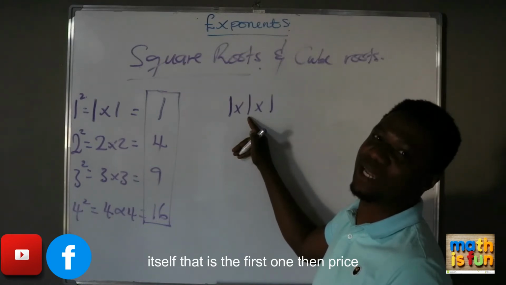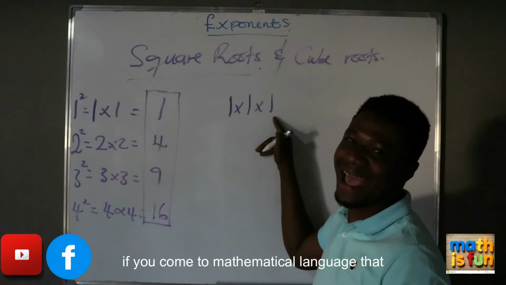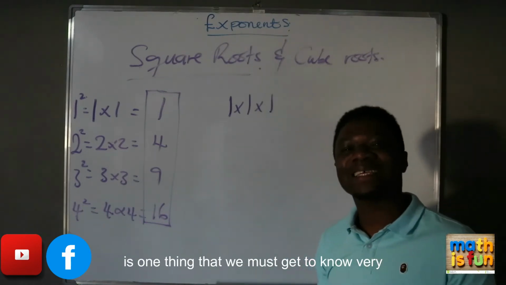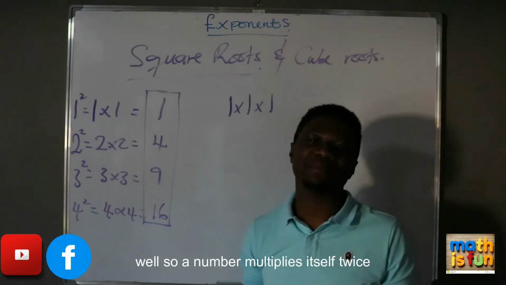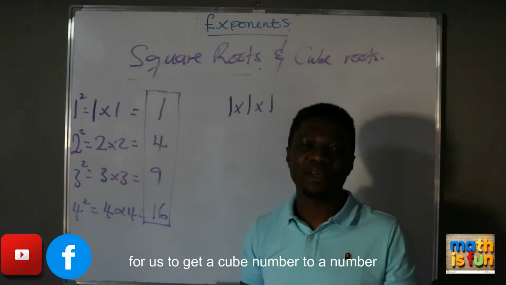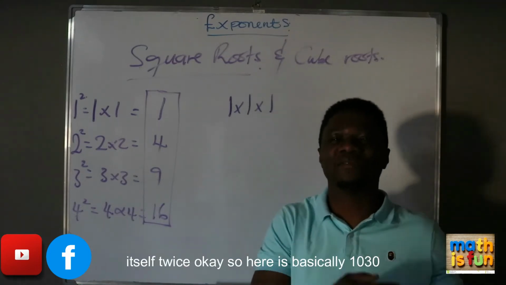That is the first one. Then twice. Good. If you come to mathematical language, that is one thing that we must get to know very well. So a number multiplies itself twice for us to get a cube number. So a number cubed means that the number is multiplying itself twice.